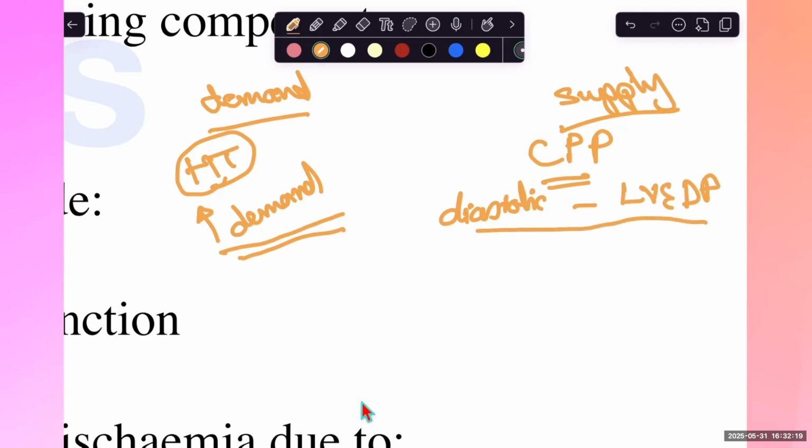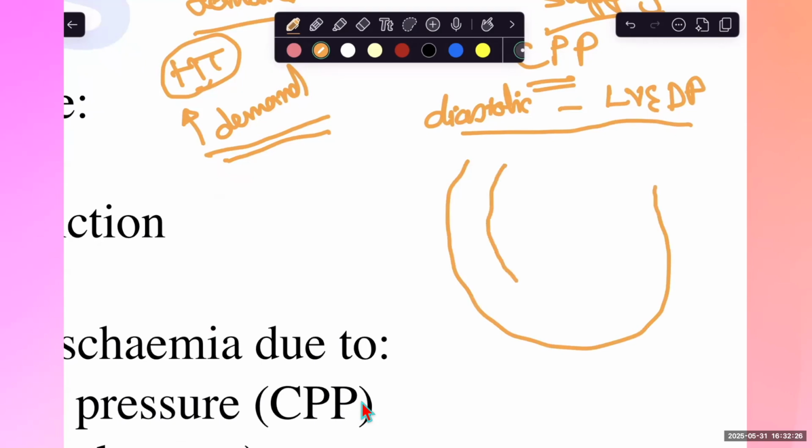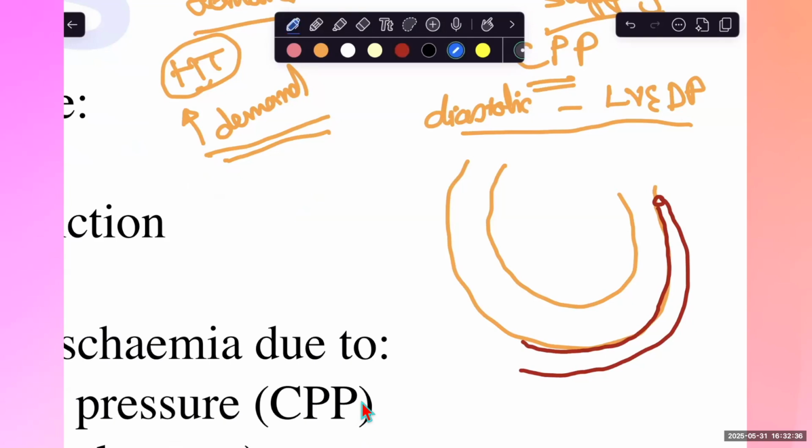What's this? Imagine it with me now: if this is the LV, and this is the coronary artery, we call it the epicardial coronaries. Now, perfusion occurs during diastole, as we know.